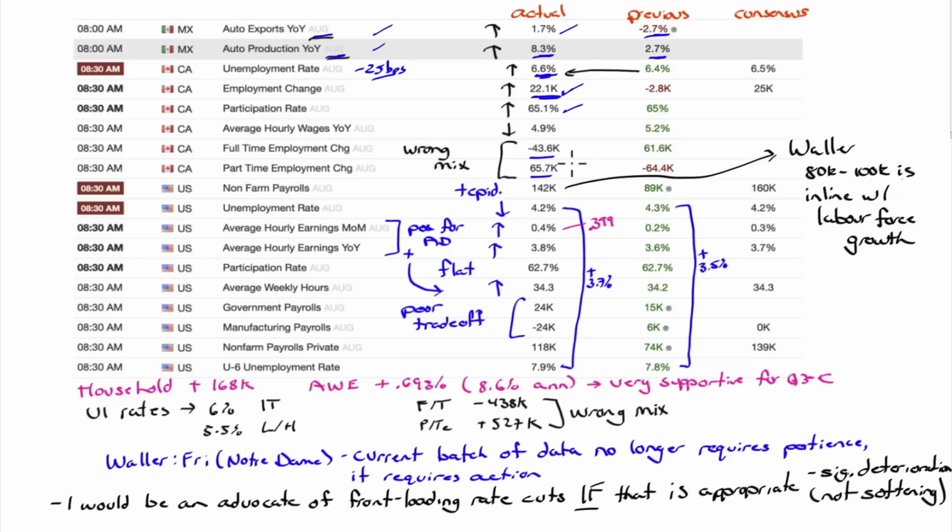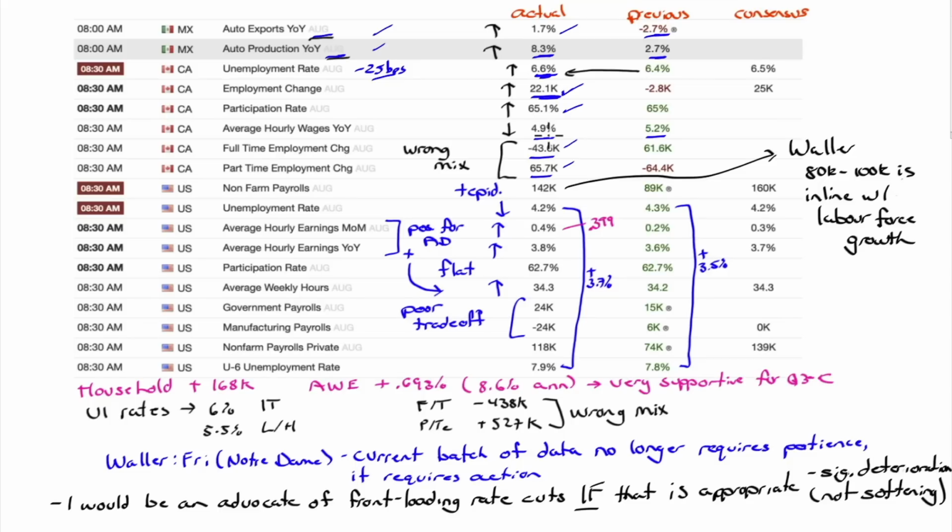That is a cost savings method, to only bring on part-time people as opposed to hiring full-time. But you have a separation of 43,000 full-time, addition of 65,000 part-time. So your average hourly wages should see a drop because part-time people are less expensive, 5.2 down to 4.9.